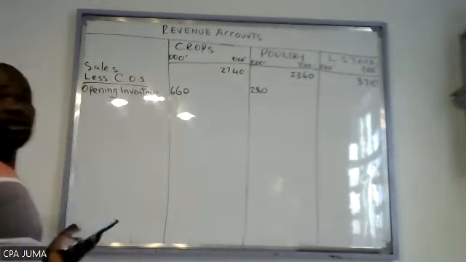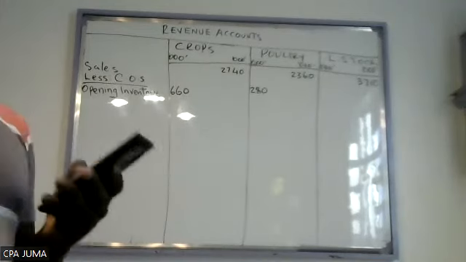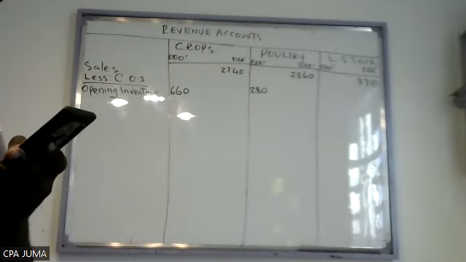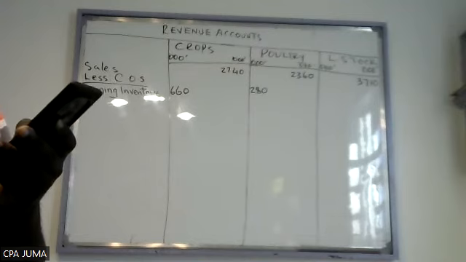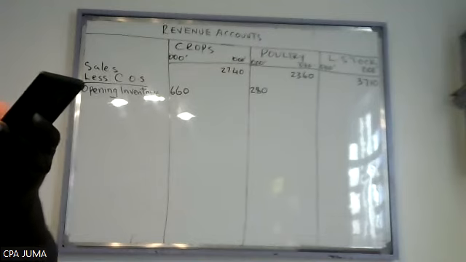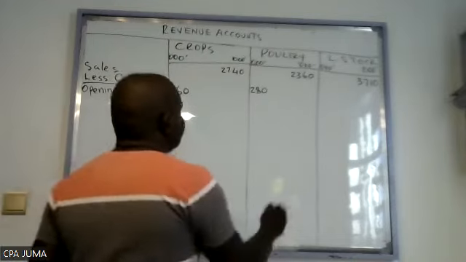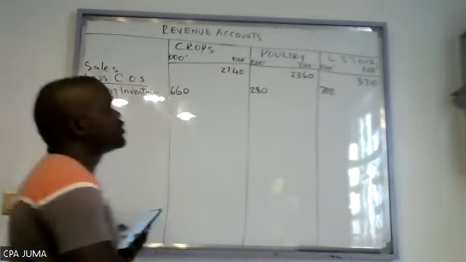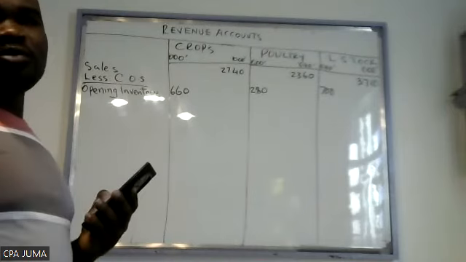You bring it there. Then we go now to livestock. Livestock, we add what? We add dairy cattle feed, 180, plus dairy cattle, 520. That one comes to 700. The first columns, all of them first columns.